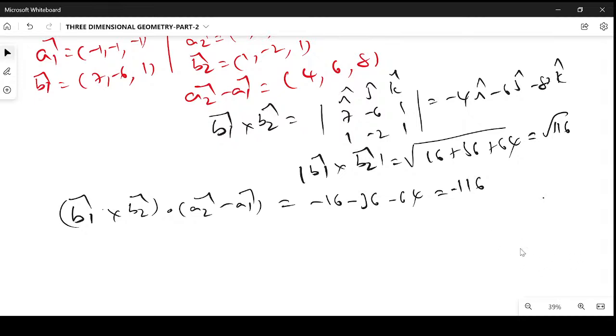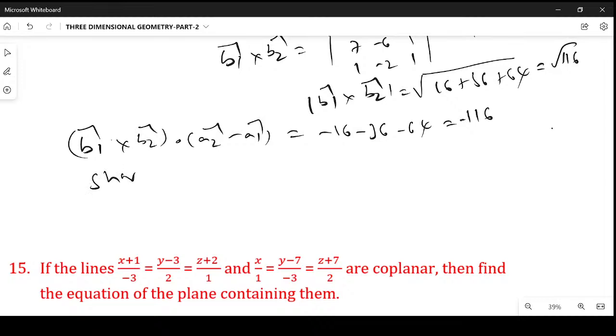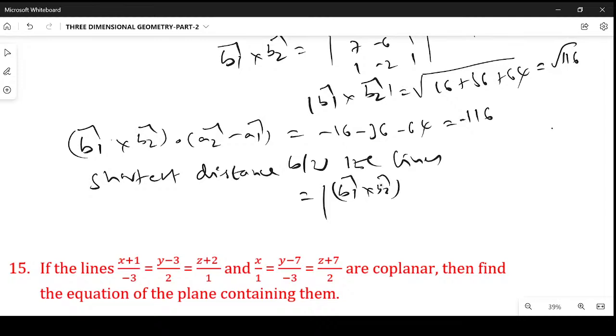The formula is the modulus of b1 bar cross b2 bar dot a2 bar minus a1 bar, divided by mod b1 bar cross b2 bar.